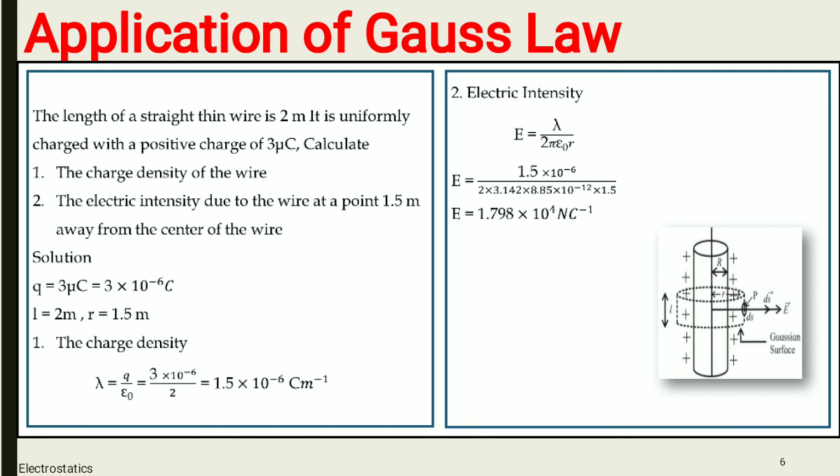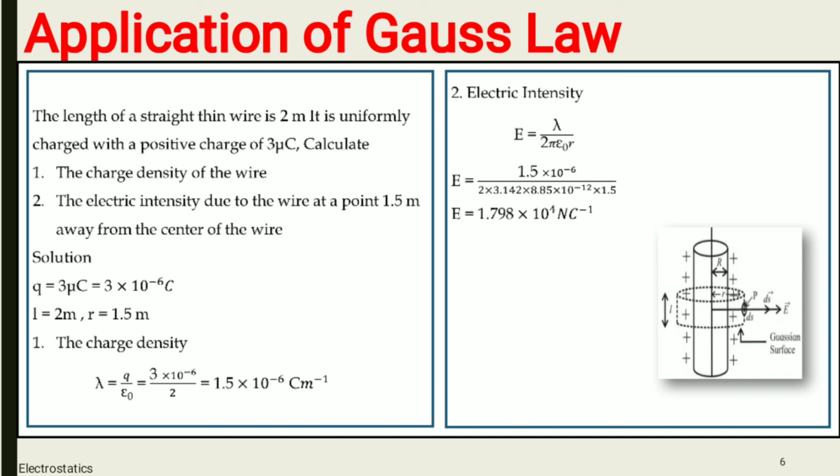Firstly, we can write what is given in the problem: Q is equal to 3 microcoulomb, which you can convert into coulomb, which is 3 into 10 raised to minus 6 coulomb. Length is given as 2 meter and radius is given as 1.5 meter.